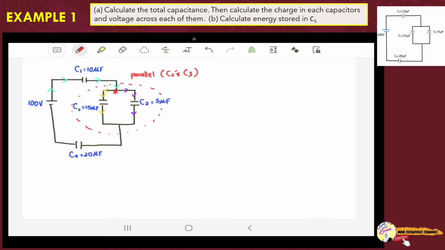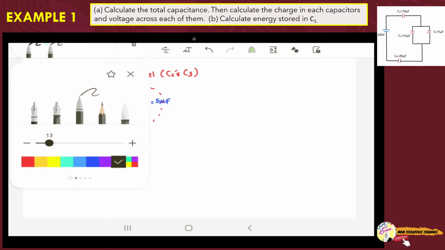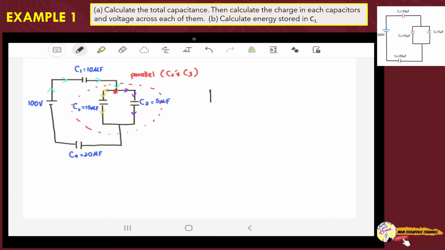When we try to combine, look here, we have 100 volts and C1, then the combination of 2 and 3, and another capacitor here, C4. Make sure you label so that you can reduce your mistakes. So C23 here, and this is C4.